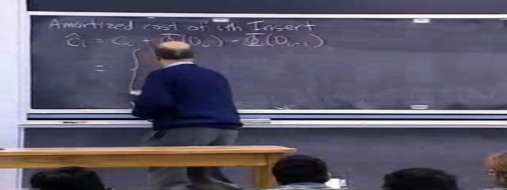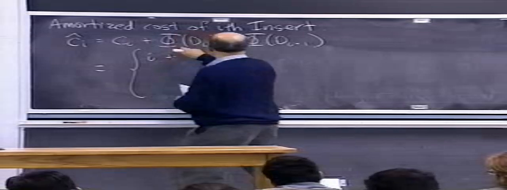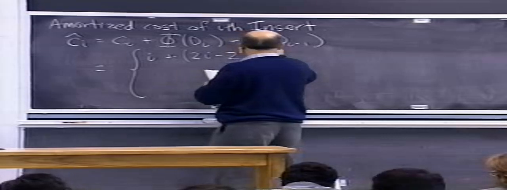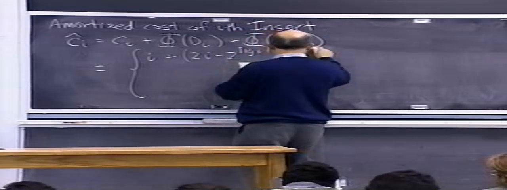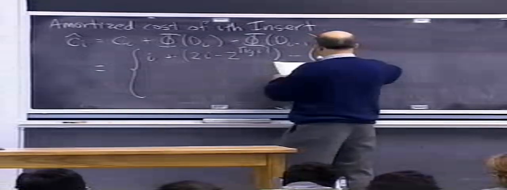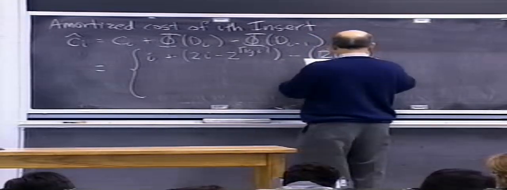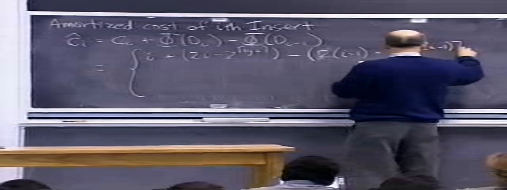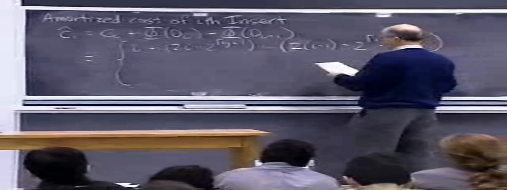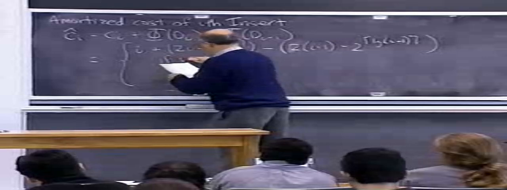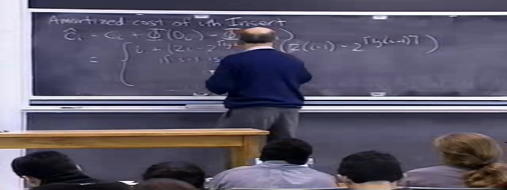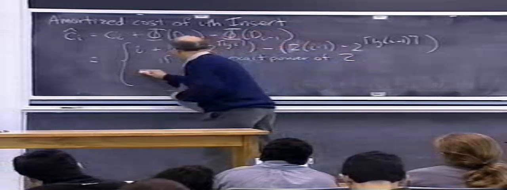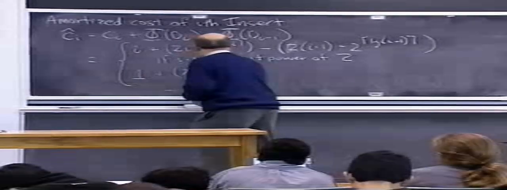So this is going to be equal to, therefore, i plus the potential difference. That's 2i minus 2 to the ceiling log i minus 2(i minus 1) minus 2 to the ceiling of log of (i minus 1), if i minus 1 is an exact power of 2. And it's 1 plus the potential difference, same potential difference, otherwise.